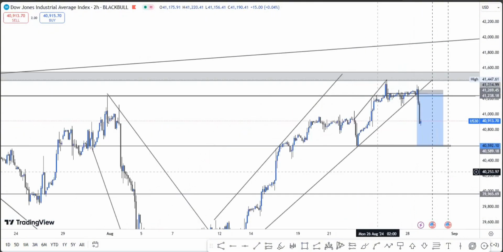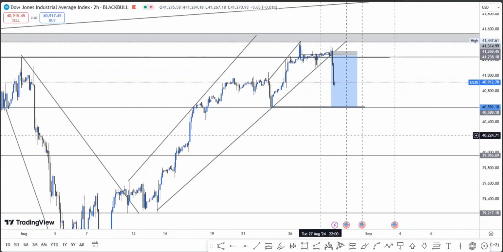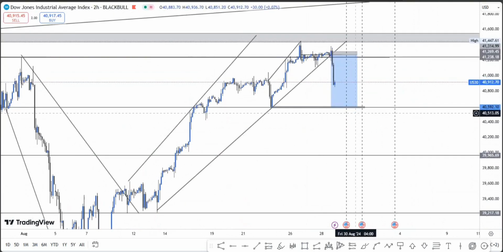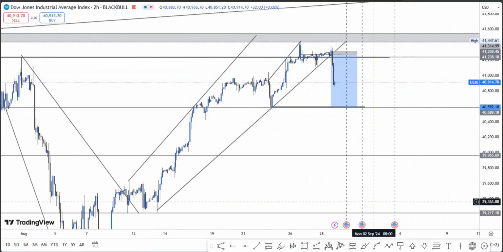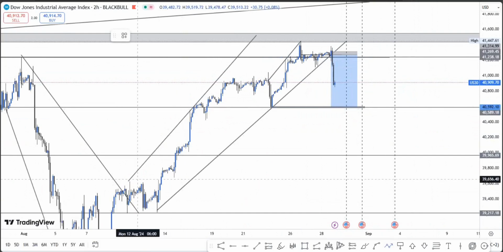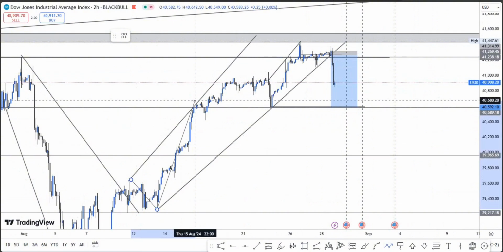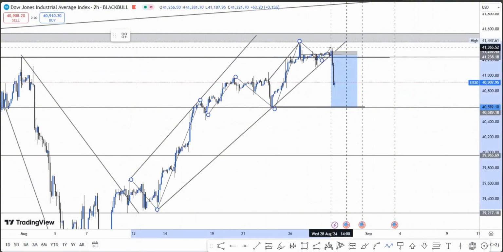Once it breaks this certain zone here, that's when we can say we are coming to the 90% rule of this overall uptrend. Remember, the 90% rule of this overall uptrend is where the market decided to break here.